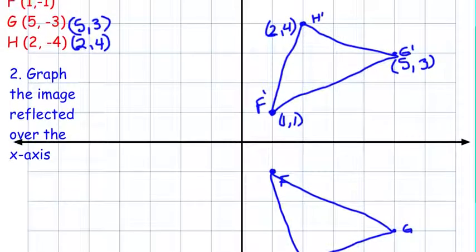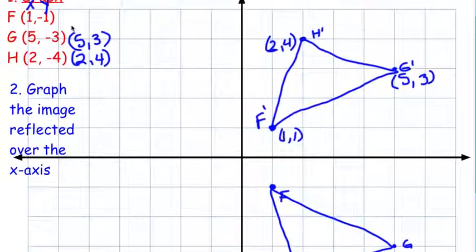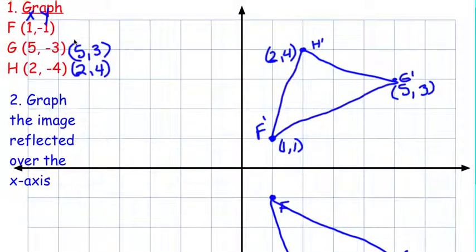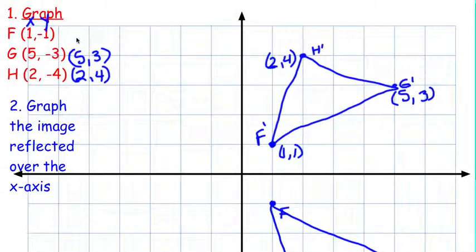And you may begin to see the pattern of what's happening. It's not going to limit you from completing your homework assignment if you don't see that pattern. Might make it a little bit easier. But there's a relationship between flipping it over an axis and what happens to the points. Again, not critical.